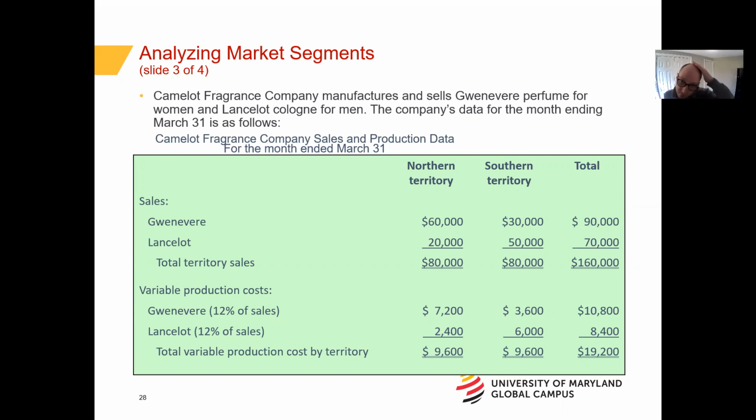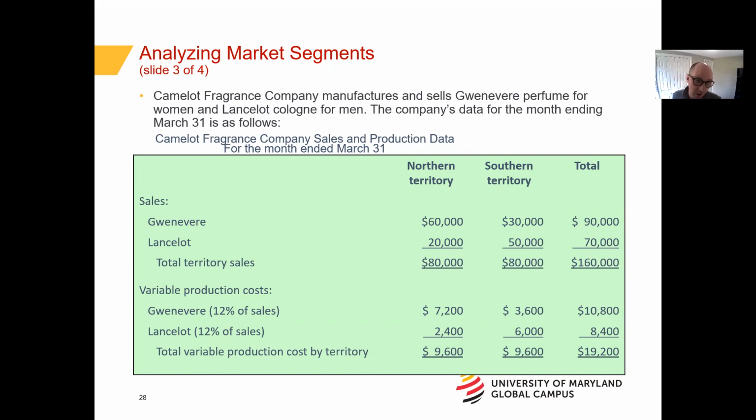So let's look at this example. We have a fragrance company that sells both perfume and cologne. We have the sales data for both the perfume and the cologne here in the Northern and Southern territories. We have the variable production costs of the cologne and the perfume based on territory.